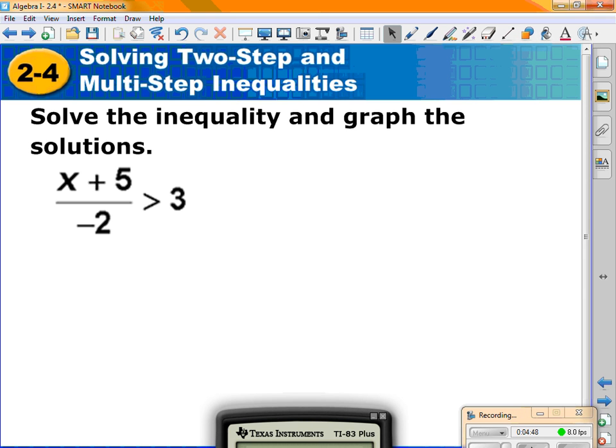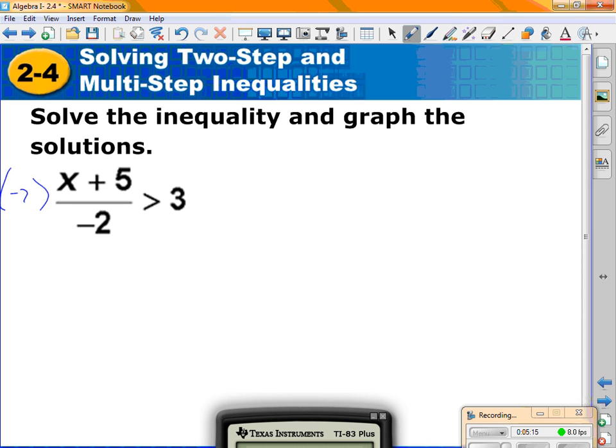In this problem, what's causing me the biggest headache first? Okay, the fraction, the dividing by negative 2. How can I get rid of a dividing by negative 2? Multiplying by negative 2. I'm not going to think of this as a fraction. I'm going to think of this as dividing by negative 2.